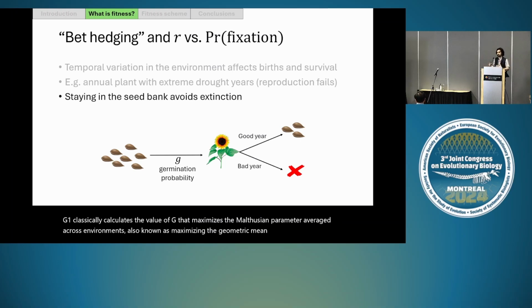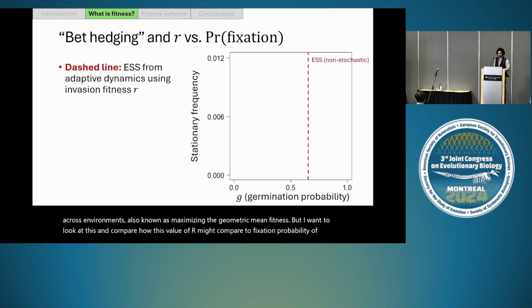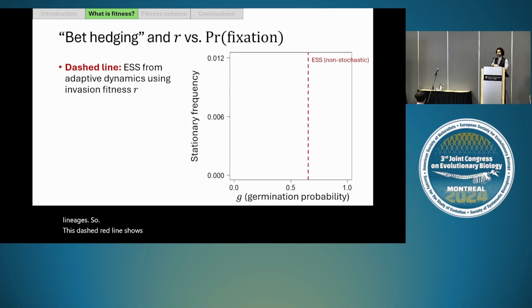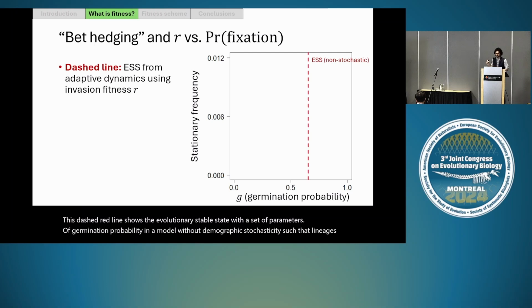But I want to look at this and compare how this value of R might compare to fixation probability of lineages. So this dashed red line shows the evolutionary stable state with a set of parameters of germination probability in a model without demographic stochasticity, such that lineages only experience deterministic extinction.